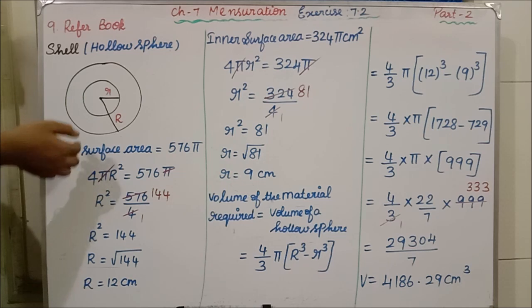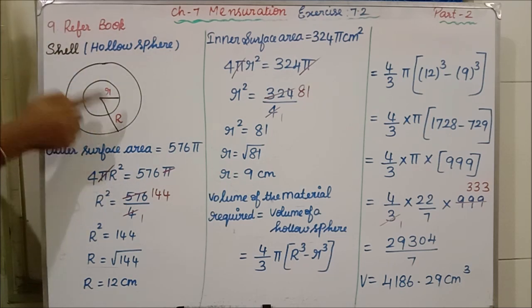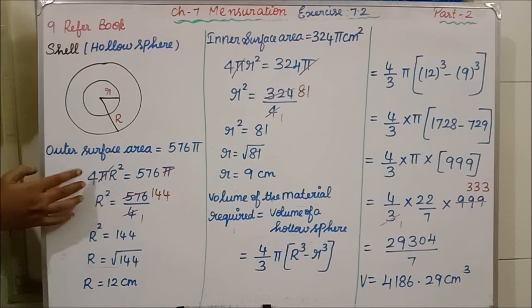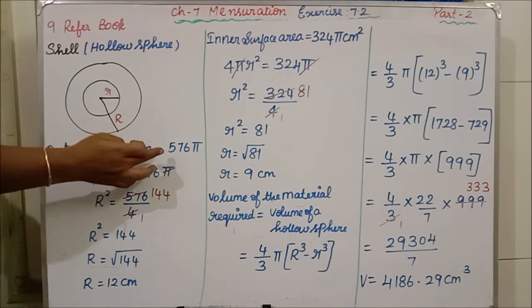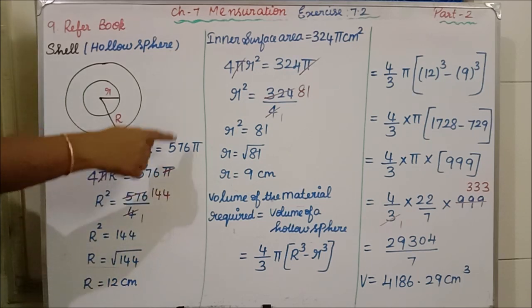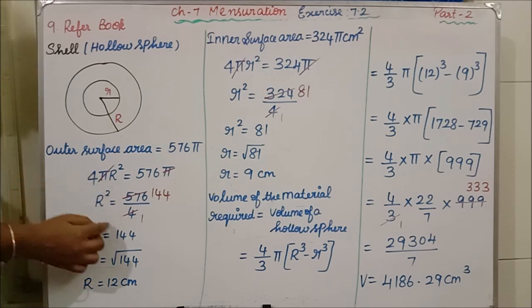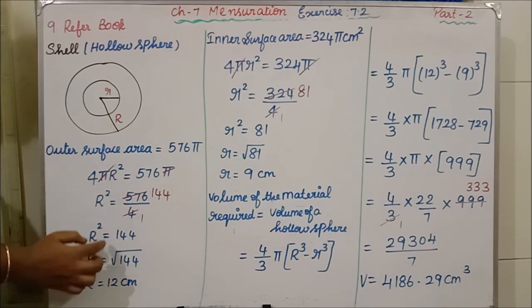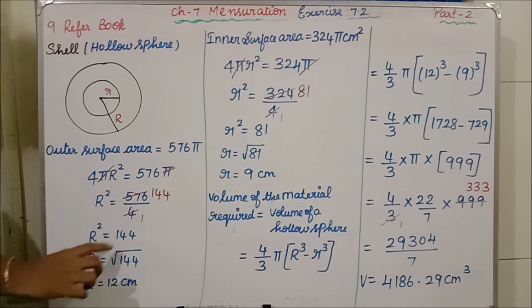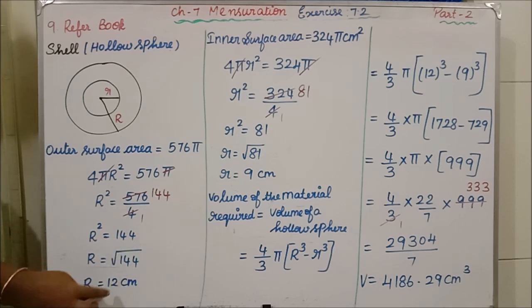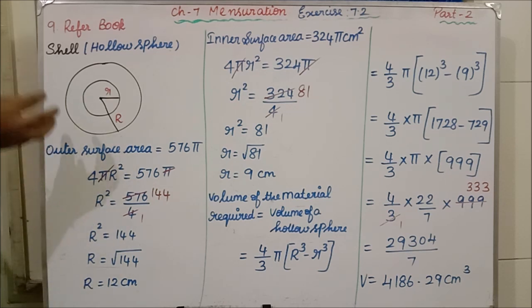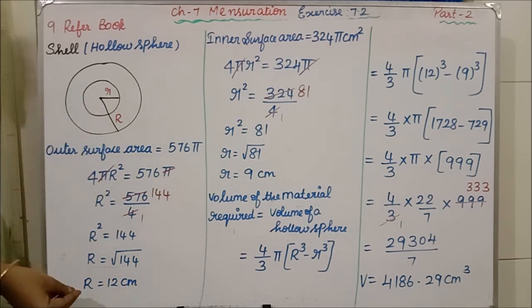Since we are talking here about outer surface area, we take capital R. So in that formula 4 pi capital R square, the value is 576 pi. Pi I have cancelled, this 4 I have divided. After cancelling I am getting R square is 144. If I take square root, I need capital R value only, so I am getting capital R is equal to 12 centimeter. Clear? Using the outer surface area value I have got the outer radius, which means capital R.